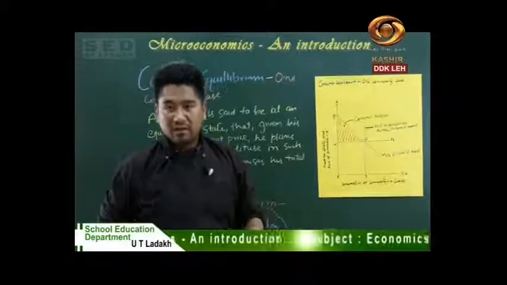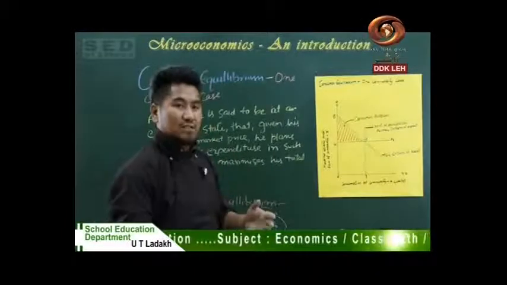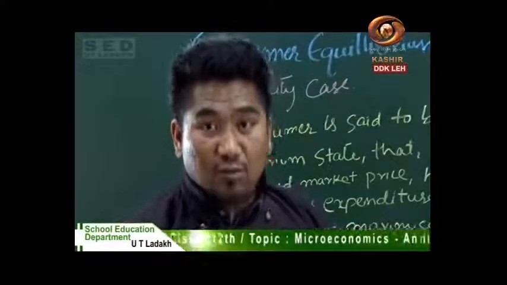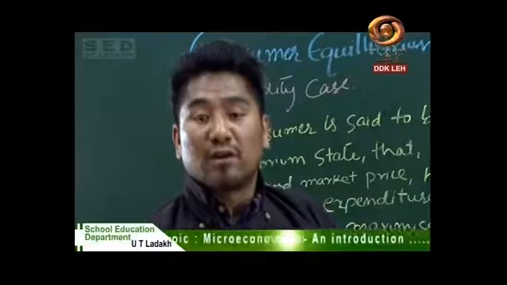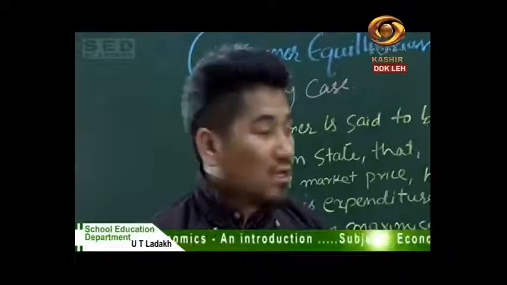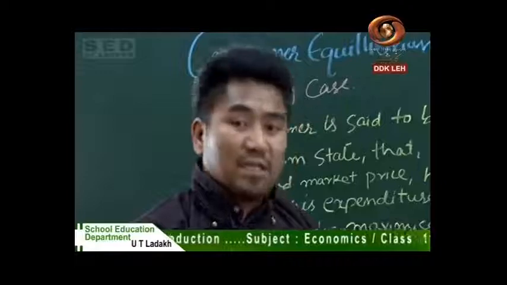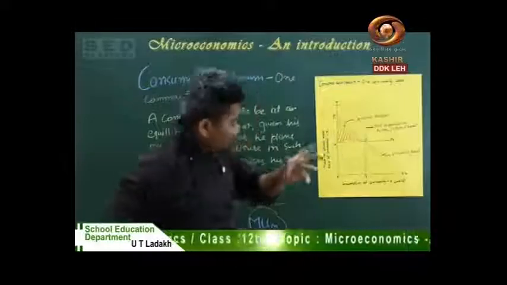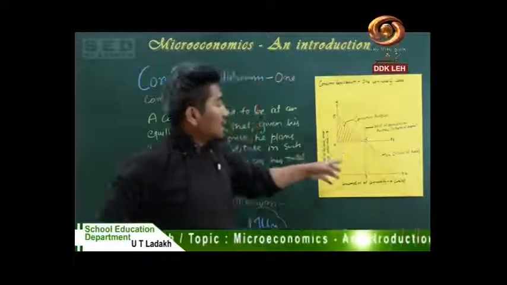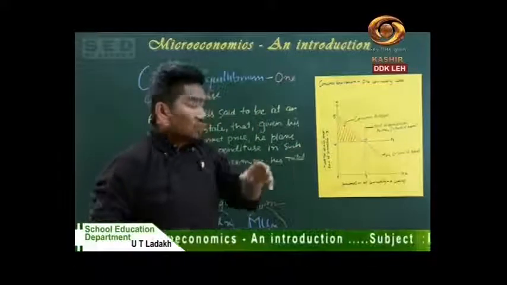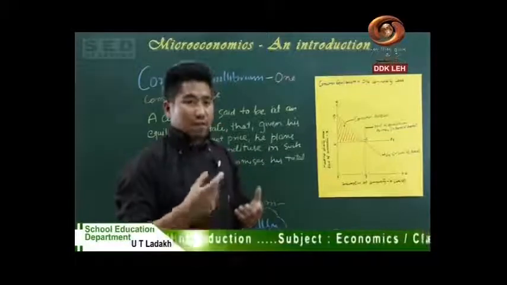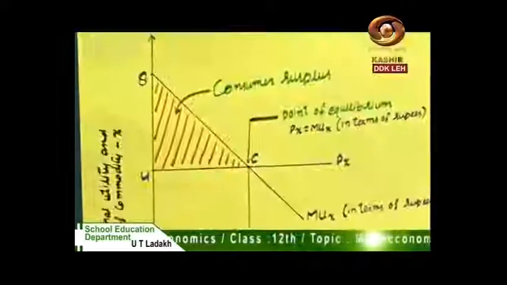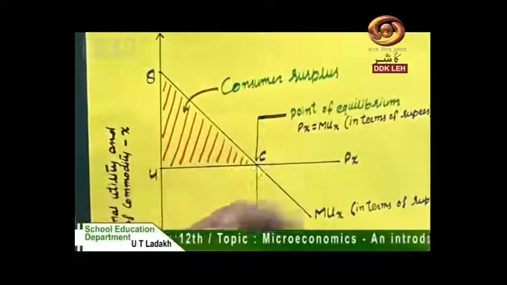Now you go to the mobile shop and ask for a mobile. You are willing to spend 10,000 on a mobile phone, but you get the same mobile phone at say 8,000. Now the 2,000 difference is the consumer surplus. But at the equilibrium point, you will get the mobile at 10,000. You are willing to pay 10,000 and you are actually paying 10,000.